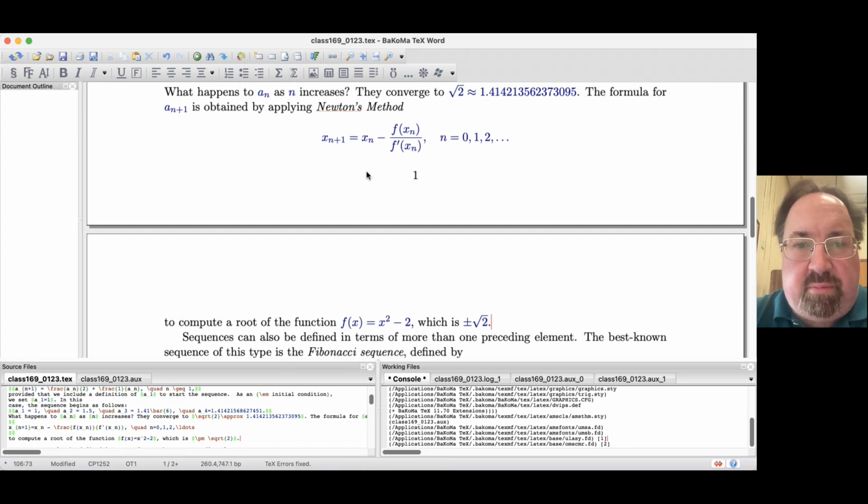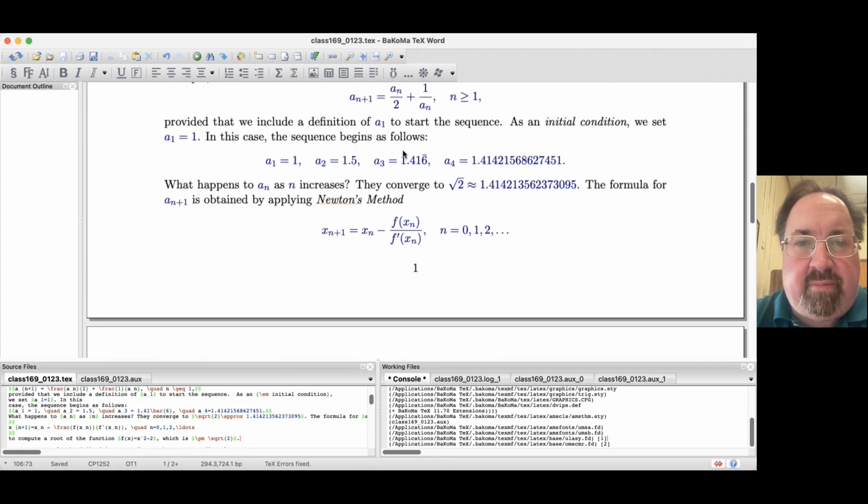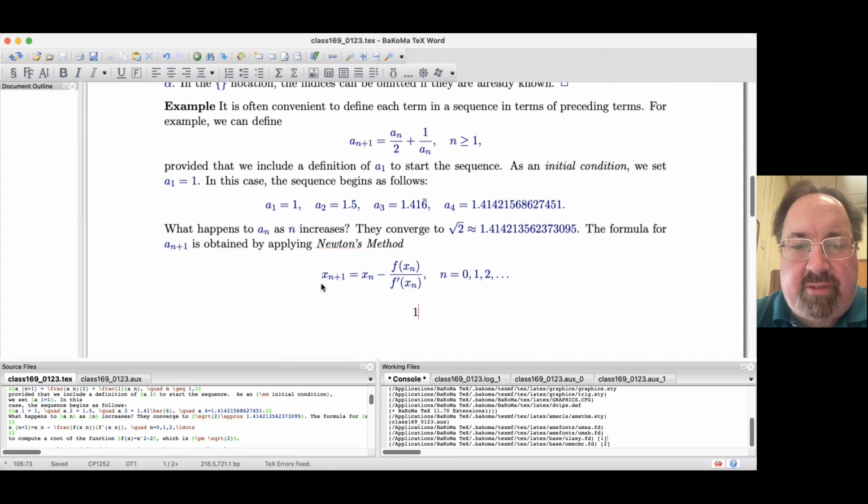So by filling in f of x equals x squared minus 2 and its derivative down here and simplifying as much as we can, this iteration falls out. This iteration is derived by finding the tangent line to the graph of f of x at the point xn, and then computing xn plus 1, which is the x-intercept of that tangent line.